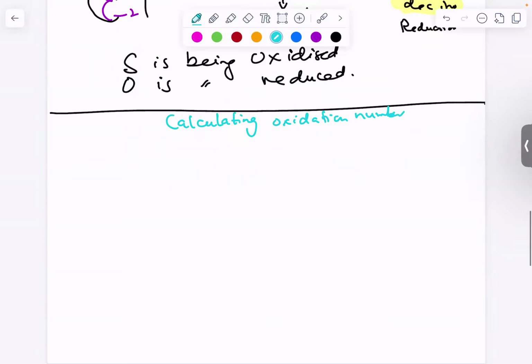Should we do it, for example, if I write Cu(NH3)6 with 2 positive charge? If they ask you to calculate the oxidation number of the different elements present in it, can you do it, or should we skip it? I know how to do it, but can we do this example? Sure.